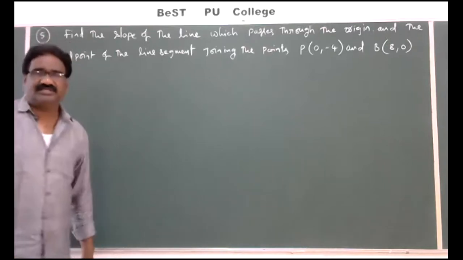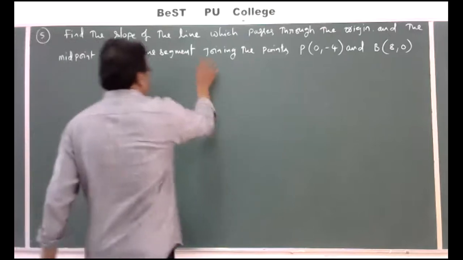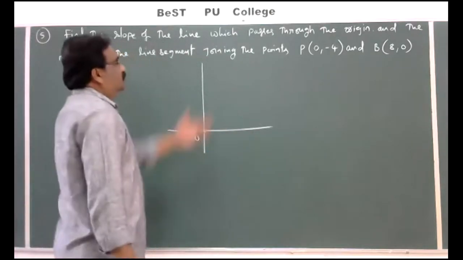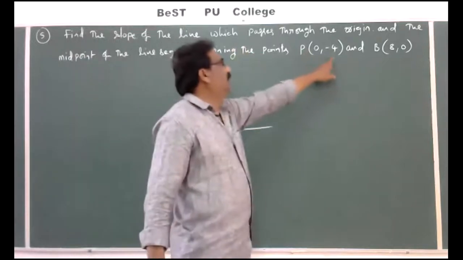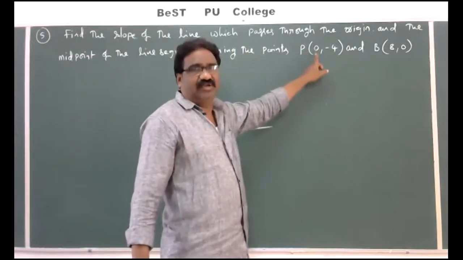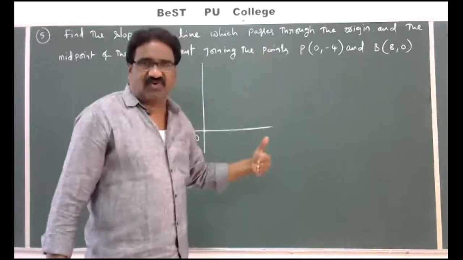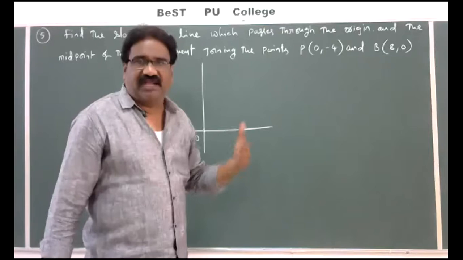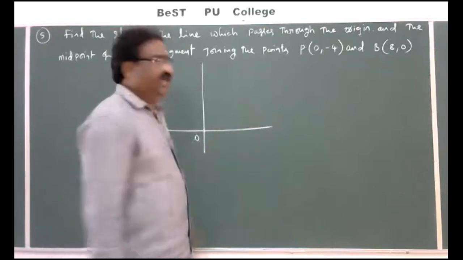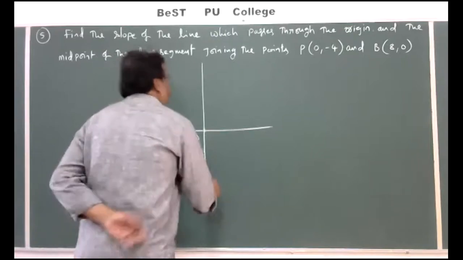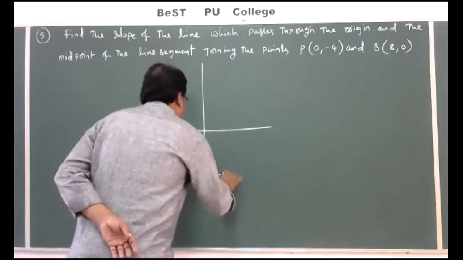We want to find out the slope. They are given, this is the origin. So P is the point (0, -4). X coordinate is 0, Y coordinate -4. That is on the Y axis. If X coordinate is 0, then the point lies on the Y axis in the negative direction. Here this is the point (0, -4).